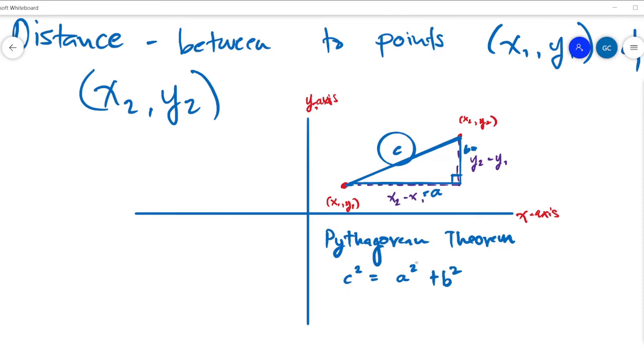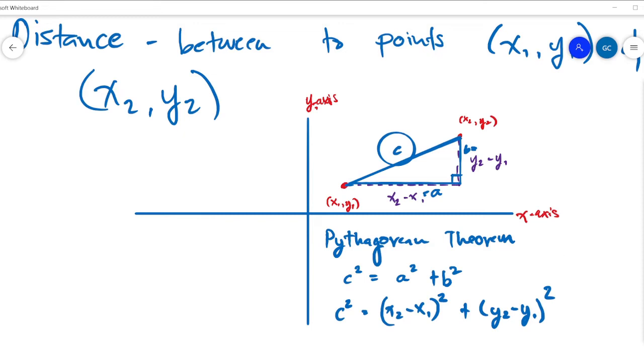So if we substitute them, C is equal to x2 minus x1, squared, plus y2 minus y1, squared. Okay?